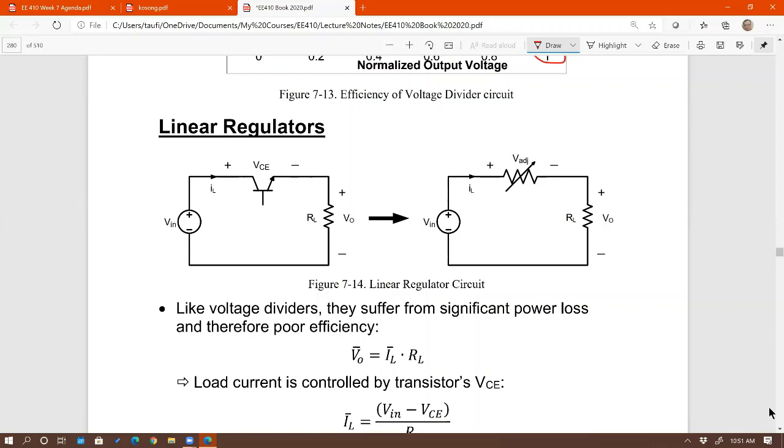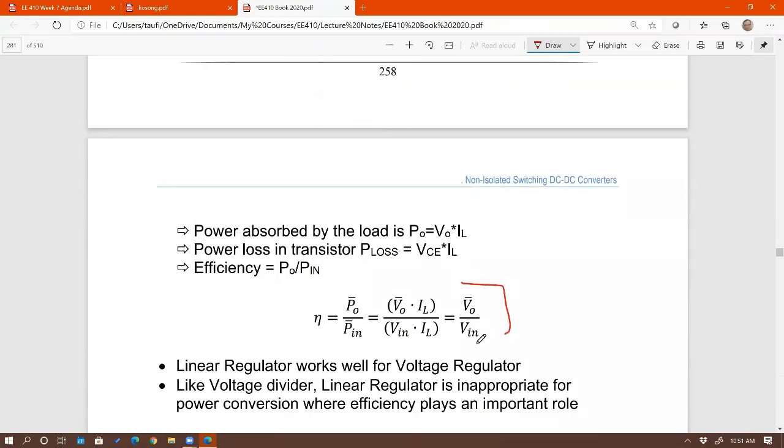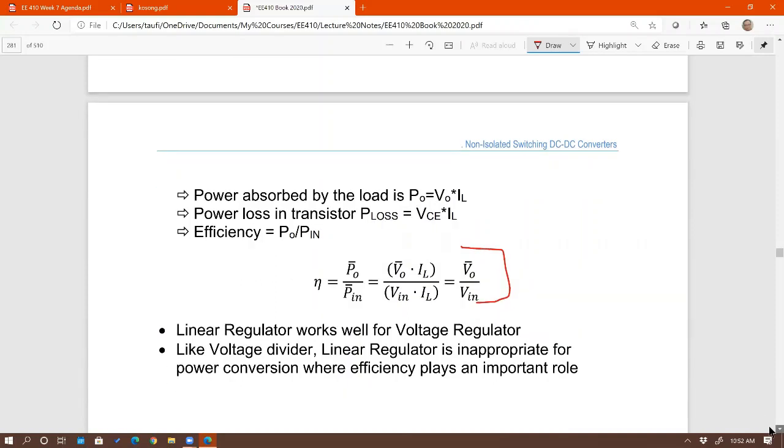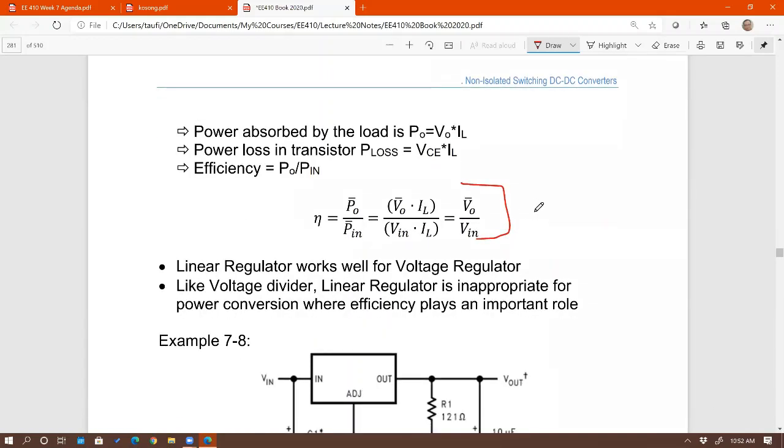The ideal efficiency is V out over V in. Right there. So the same equation, V out over V in. So keep in mind, if you are using a linear regulator, including LDOs, okay, then your efficiency is V out over V in.